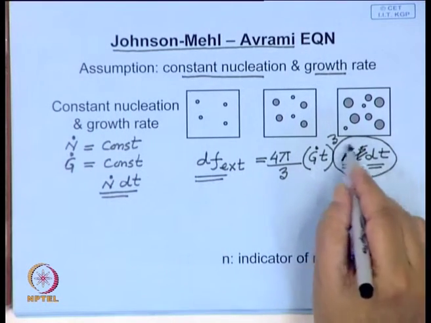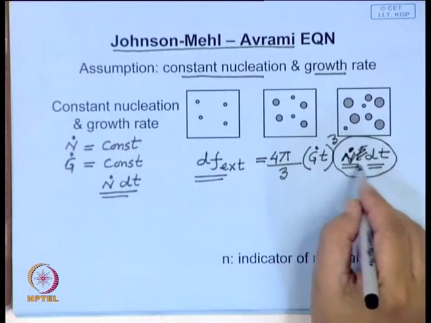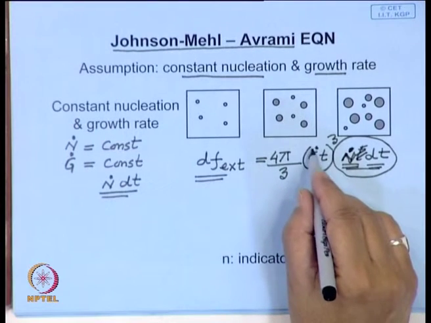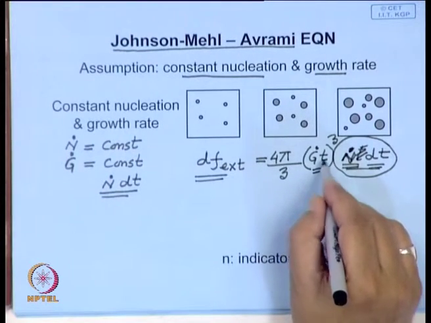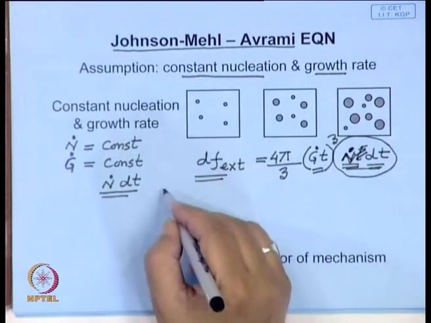This is the total number of nuclei which will be present at time dt, right in the initial stage there are so many nuclei, and this is the average size of those nuclei within that small time t we are considering.